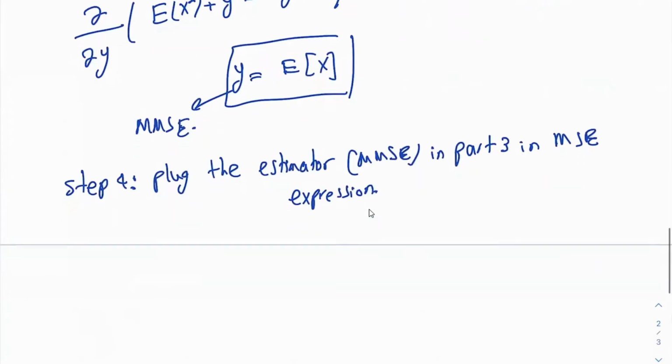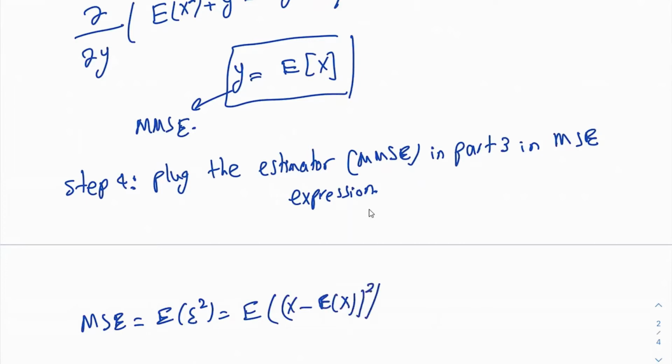Great, let's do that. So what is the MSE expression? The mean square error is this: the expected value of x minus expected value of x, squared. What is this? This is just the definition of the variance.